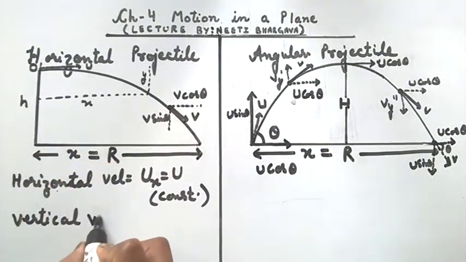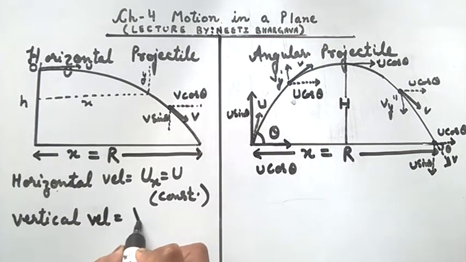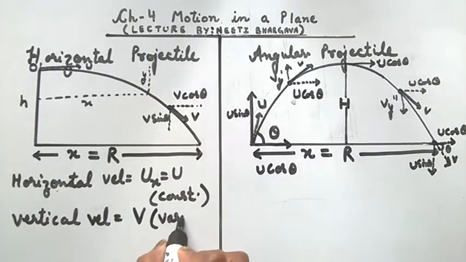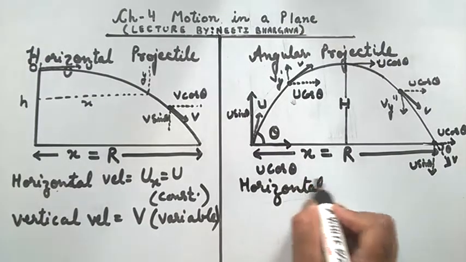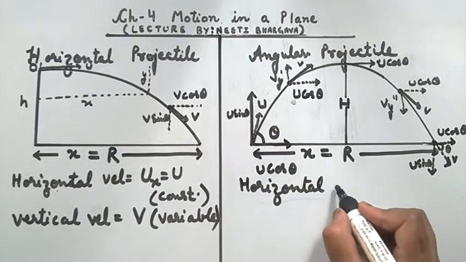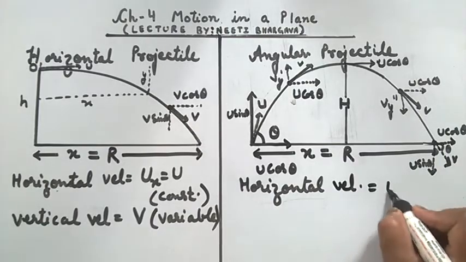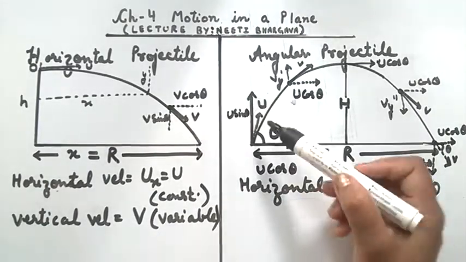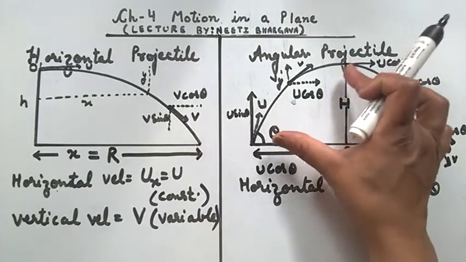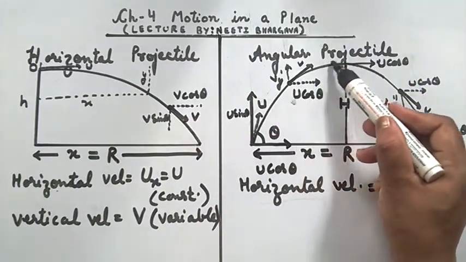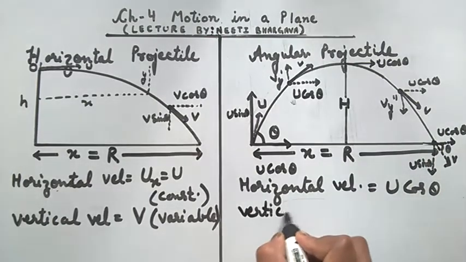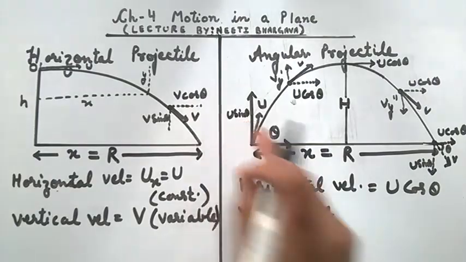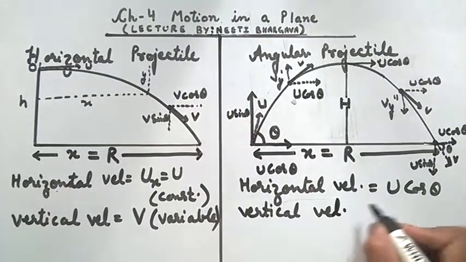So vertical velocity is v, which is variable, and initially it is 0. Similarly here horizontal velocity is equal to u cos theta, and vertical velocity up to height h goes on decreasing and after that goes on increasing, that is, it is also a variable velocity, and initial velocity is u sin theta.